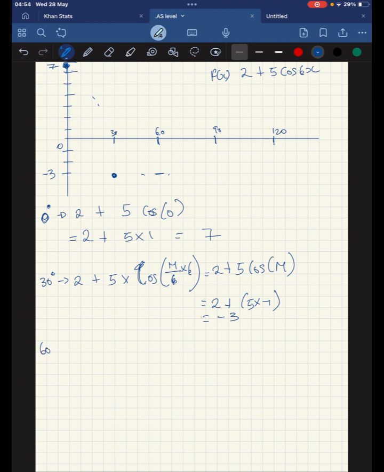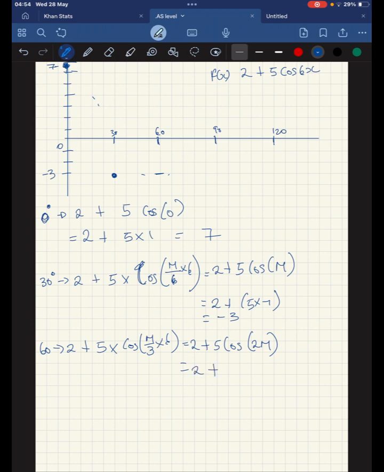Then we are now almost done. 60 degrees. Remember, that's going to be 2 plus 5 times cos of pi over 3, because 60 goes into 180 three times, times 6. That's going to give us 2 plus 5 cos 2 pi. 2 pi is 360, and cos of 360 is equal to 1.